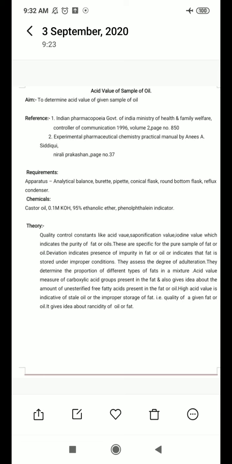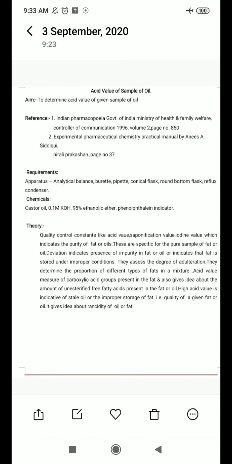Then the requirement for today's practical. In the apparatus, you require an analytical balance to measure your sample quantity, for preparation of solutions of different molarity, and for sample weighing. Then a burette to titrate this particular sample.